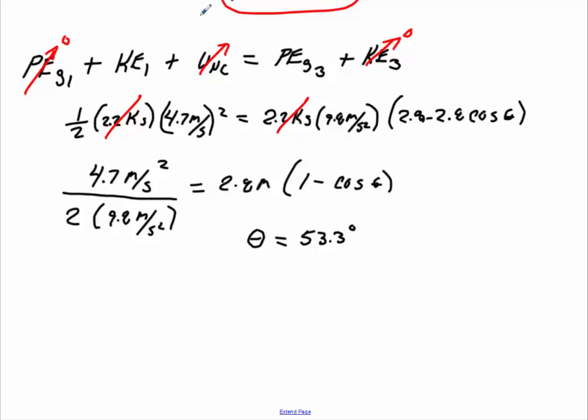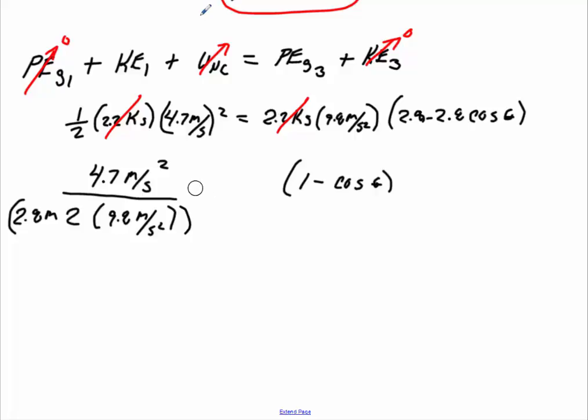53.3 degrees. Now again, if you're a little confused about the math, let me just clarify how I'm doing that. I'm going to move the 2.8 down to here. So now I'm down to this point here. Now I'm going to subtract 1 from both sides.